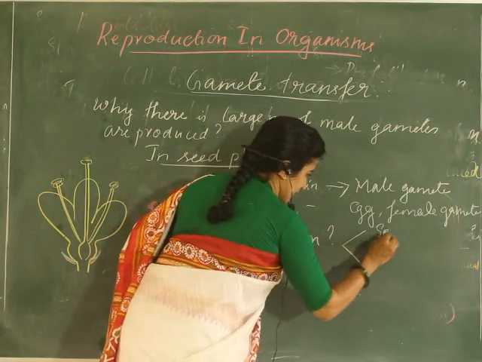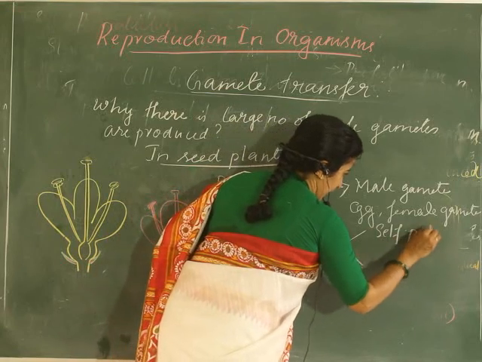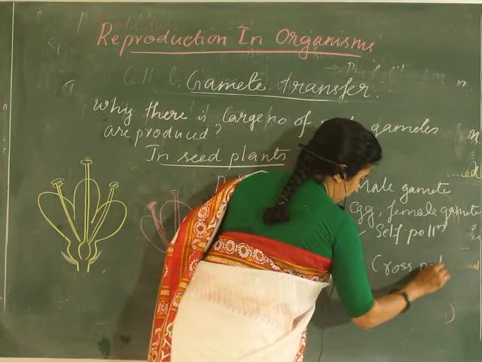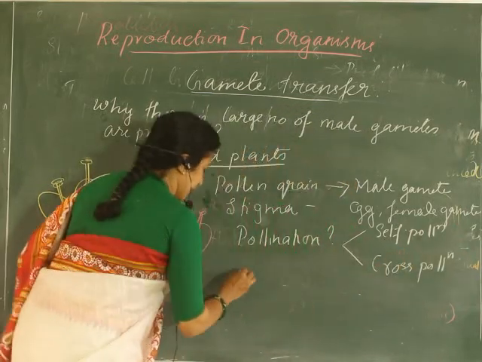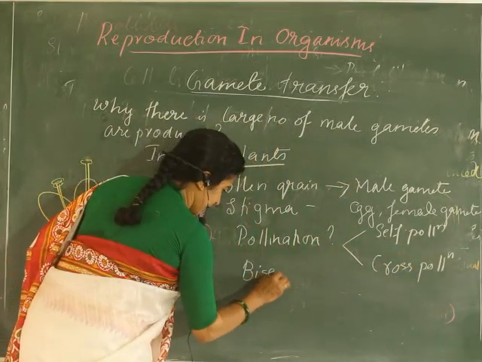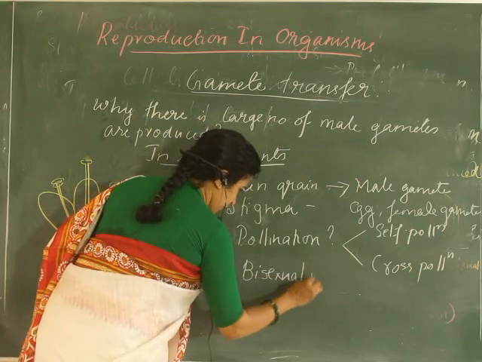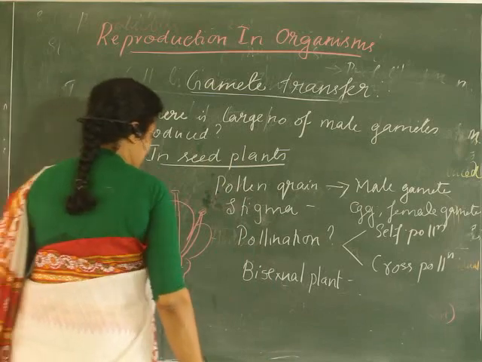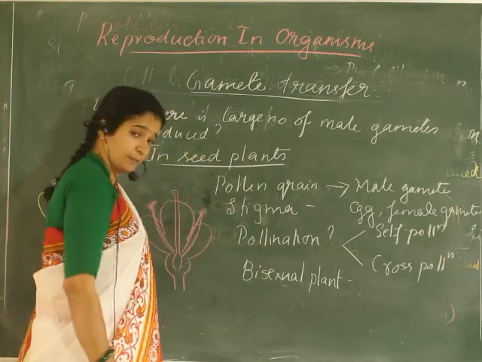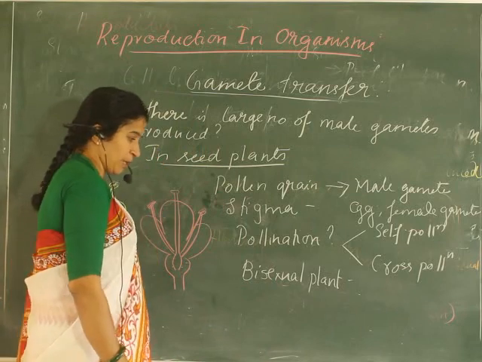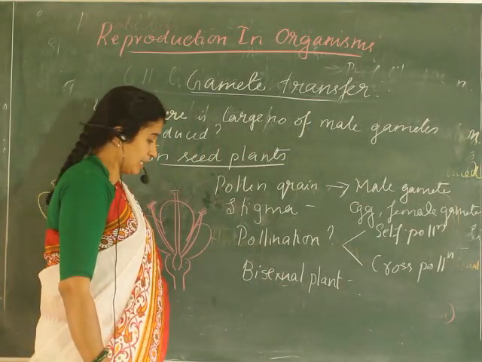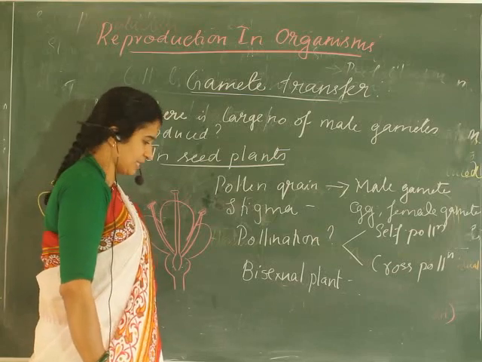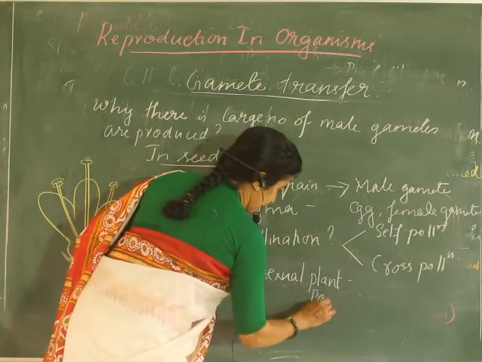The two types are self-pollination and cross-pollination. Self-pollination occurs in a bisexual plant. That means both the male and female reproductive organs are present in the same plant, for example in the pea plant.